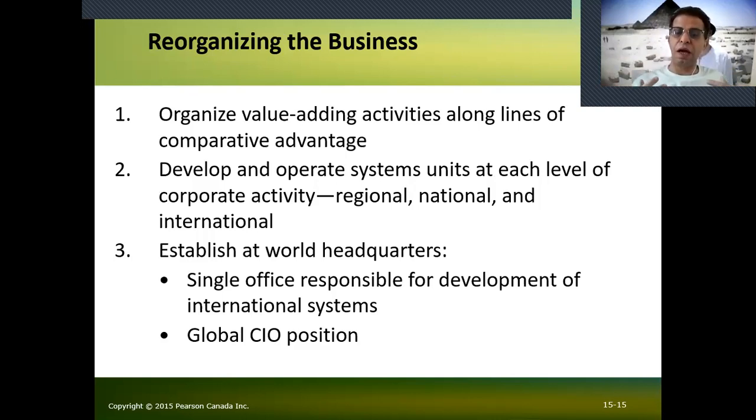Then we develop and operate a system unit at each level of corporate activity: regional, national, and international. Then we establish at the world headquarters a single office responsible for development of international systems, which is the global CIO position, the Chief Information Officer.